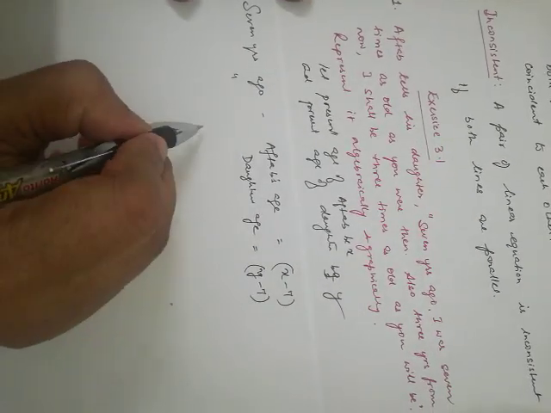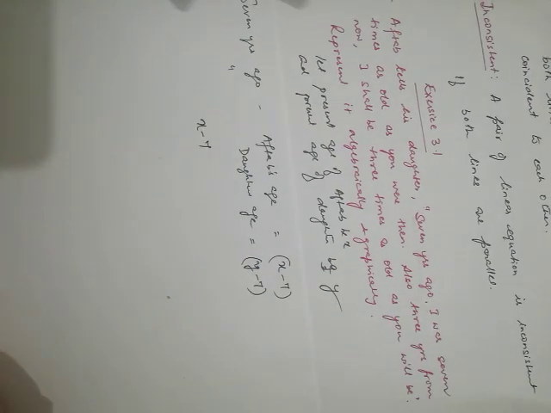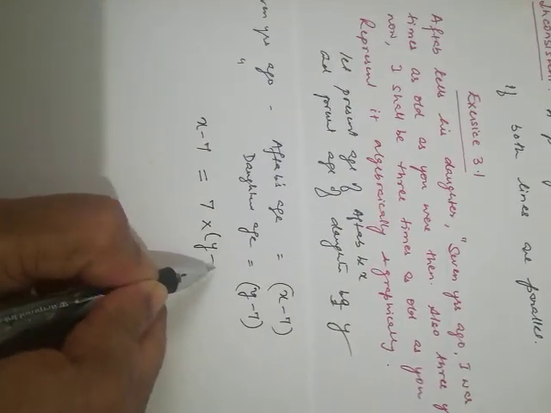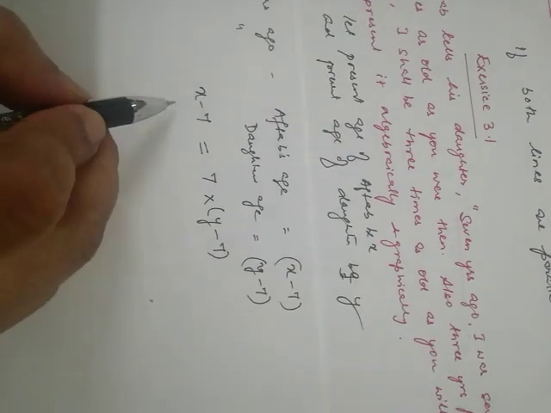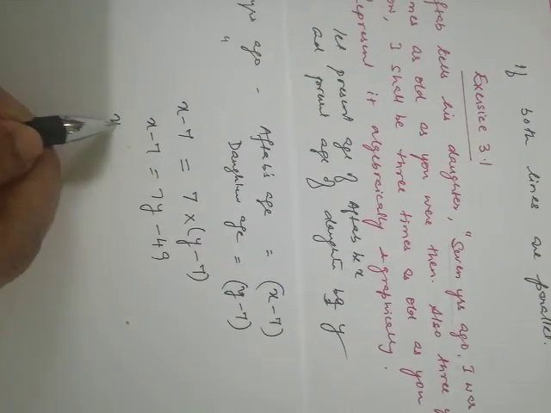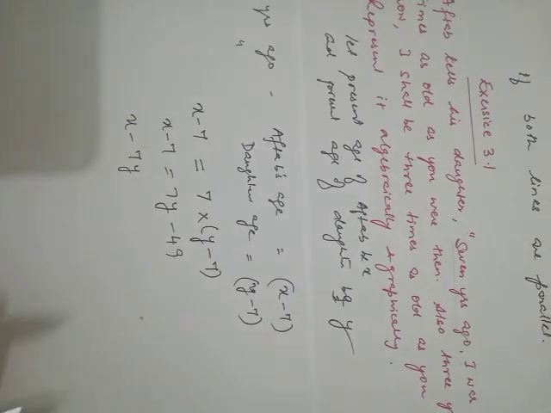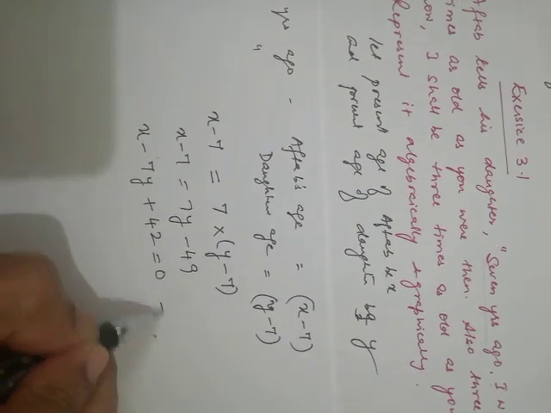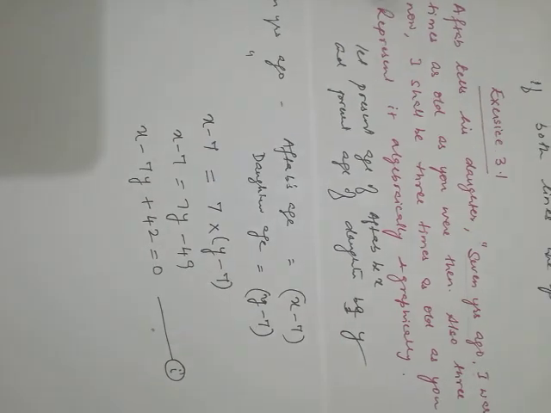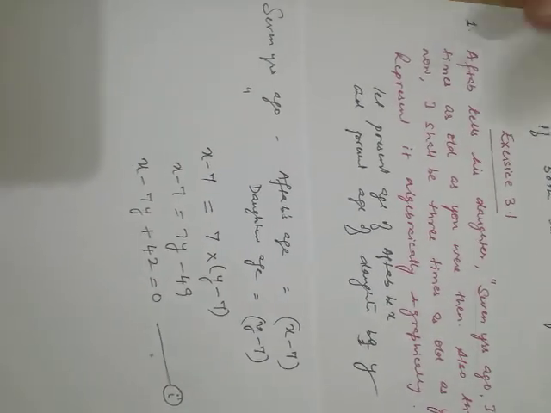That means 7 years ago, Aftab's age was equal to 7 times, multiplication, the daughter's age 7 years ago. This will be the first equation. When we simplify this equation, we get x minus 7y plus 42 is equal to 0. So this will be your first equation, which is represented algebraically.